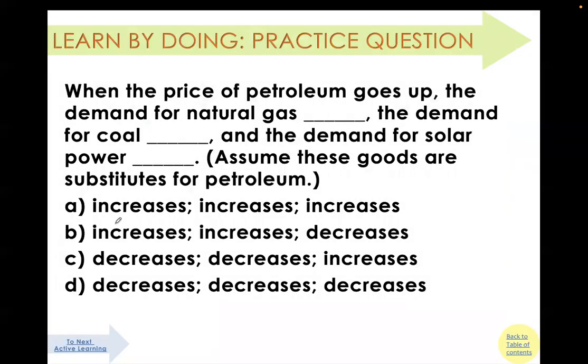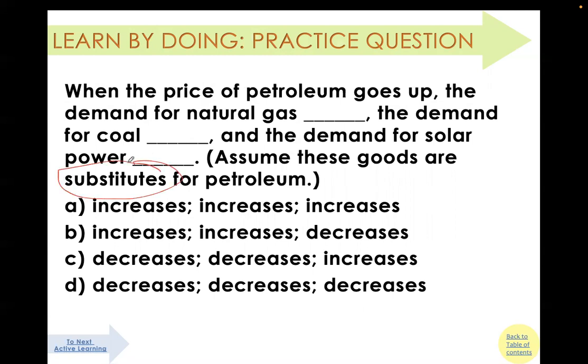Now let's look at a practice question. This question asks you, when the price of petroleum goes up, what happens to demand for natural gas, coal, and solar power? The key to answer this question, actually the hint is here: assume these goods are substitutes.